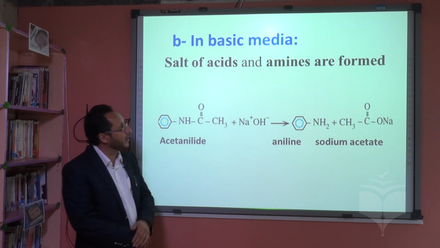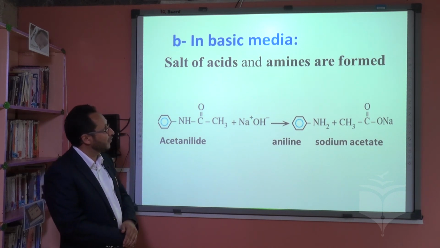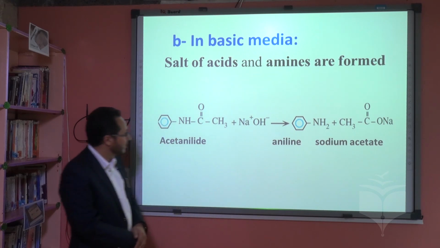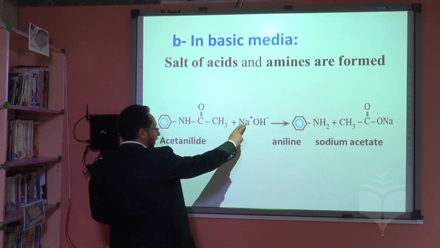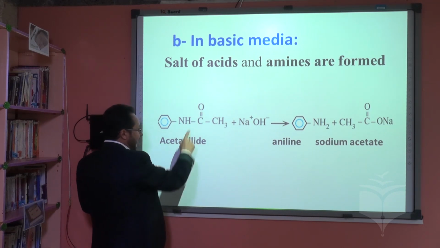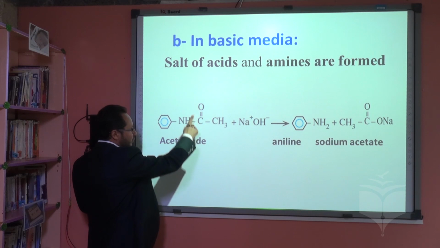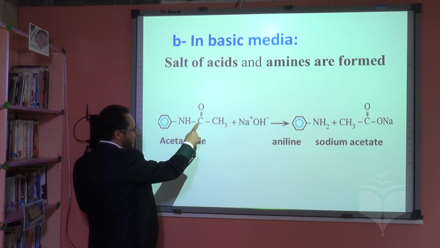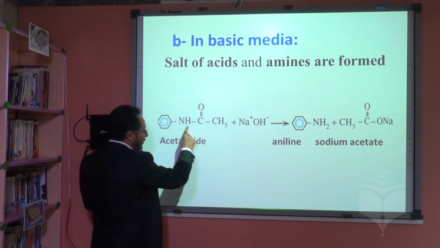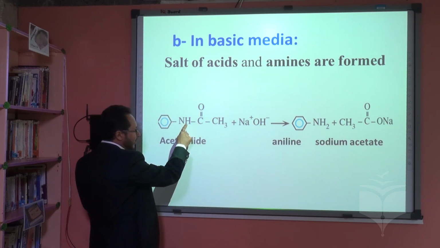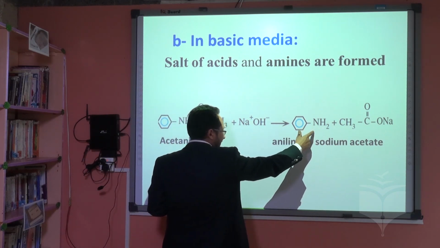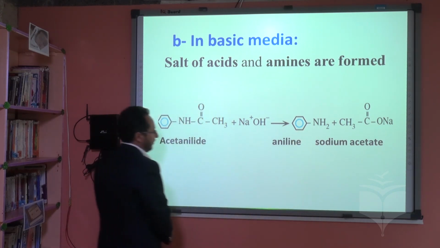In the basic medium, salts of acids and amines or ammonia are formed. The same thing, here we have NaOH. So this is in the basic medium. The same reaction, you have to break this bond between NH and C double bond O. We have only one hydrogen atom. You have to add it to NH. So in this case, we get NH2 as aniline, it is an amine.